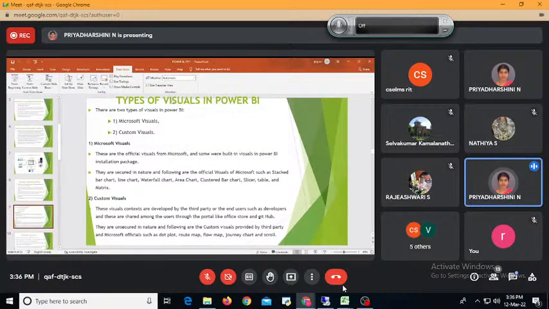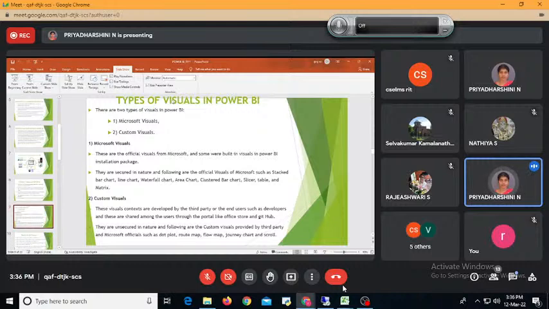The types of visuals are basically Microsoft visuals and custom visuals. Microsoft visuals come from Microsoft, in the Power BI installation package, which already has plenty available, like stacked bar chart, line chart, waterfall chart, area chart, and many more, along with the matrix. Custom visuals are visuals developed by third parties or end users, such as developers.